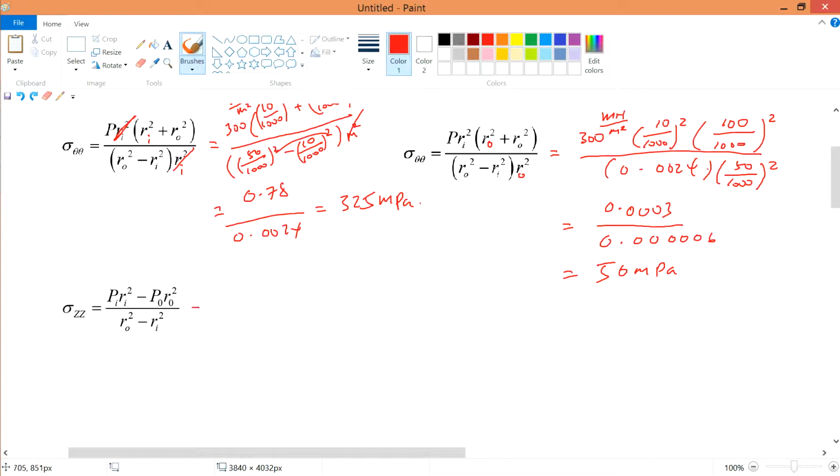Now let's solve for our sigma ZZ, our longitudinal or axial stress. Just take note the longitudinal stress is always the internal one. Even if you have an external pressure coming in, the longitudinal is only talking about this line over here, the whole axial line, because it's trying to pull in this direction.